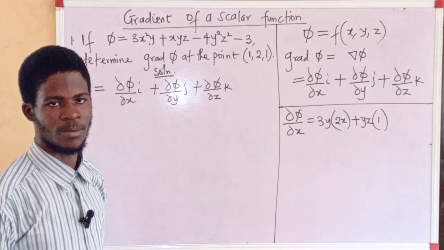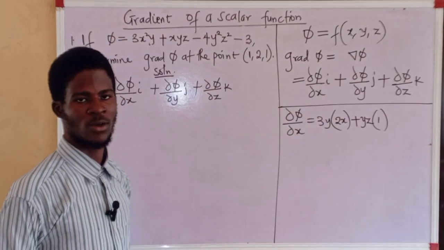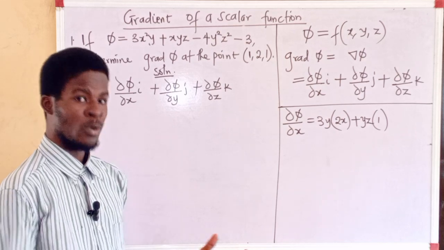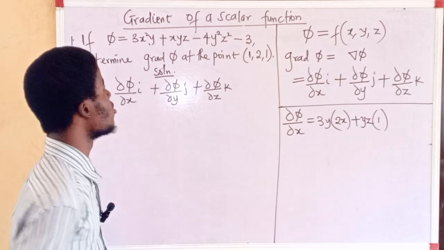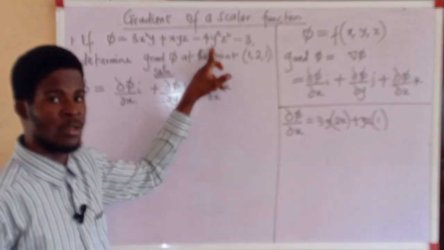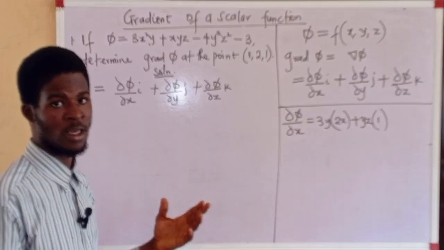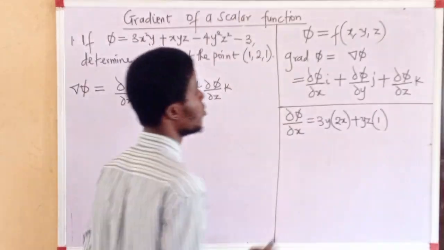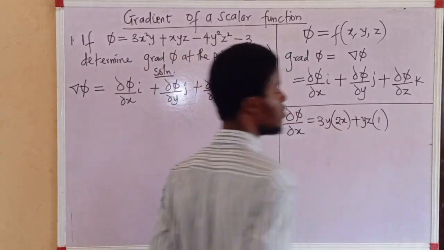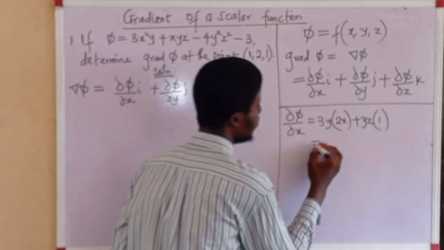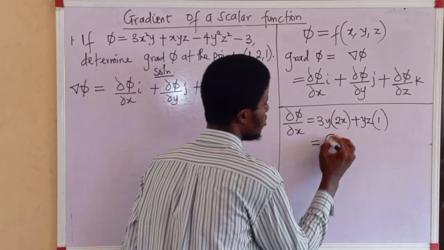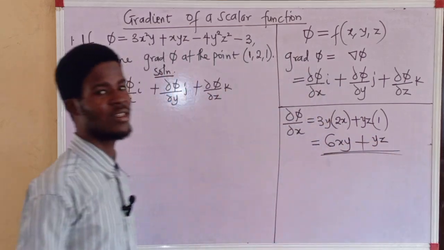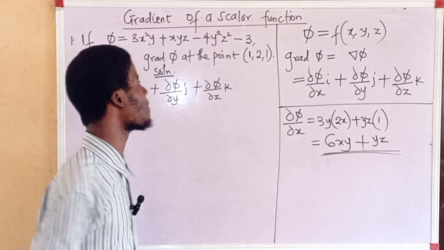There is no x there, so it is a constant, and the derivative of a constant with respect to any variable is equal to 0. So what do we have now? This is 6xy plus yz. This is the partial derivative of phi with respect to x.